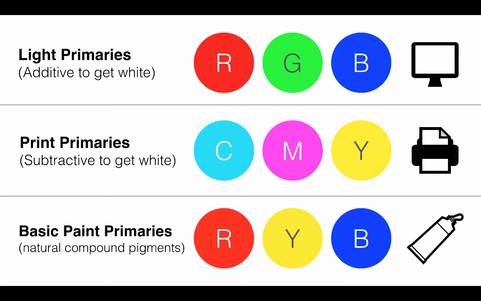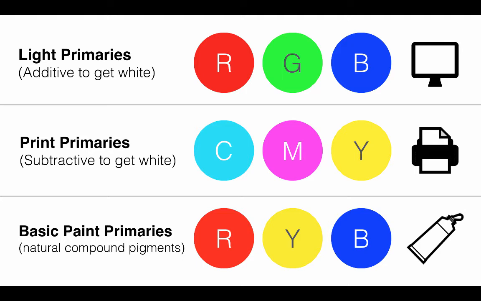That also takes us to print primaries, which you may have heard of, like CMY, and a lot of times you'll hear K added at the end. K is the color black, so it's technically not a primary color. I'll describe why black is added later, but CMY, cyan, magenta, and yellow, are subtractive print primaries. Because you don't have that pure whiteness that you get in the light primaries, where red, green, and blue all add together to create white, with CMY you're dealing with ink.